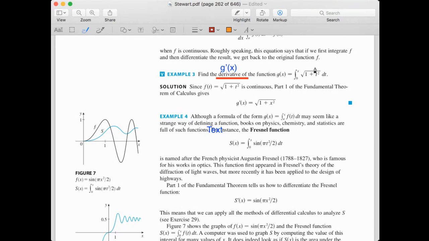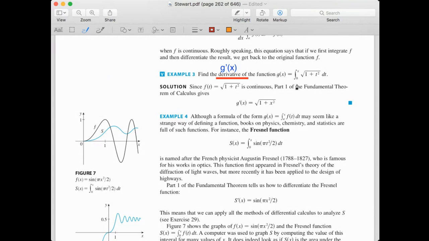So we can use the fundamental theorem of calculus to conclude g prime of x equals the square root of 1 plus x squared. And that's how we use the first part of the fundamental theorem of calculus.